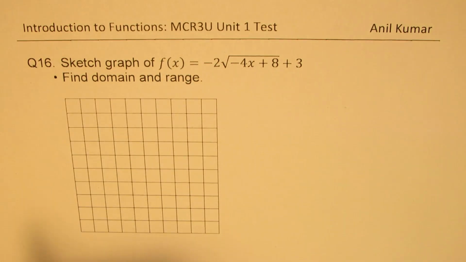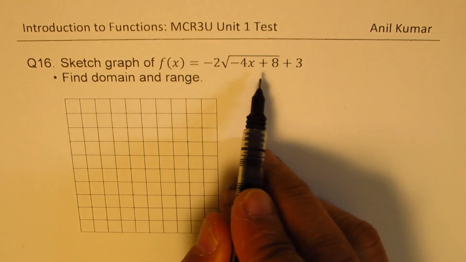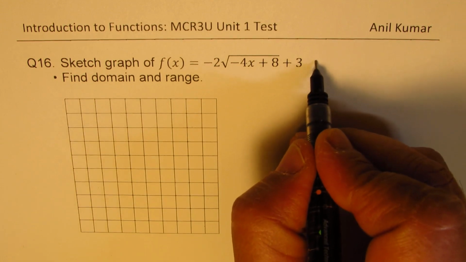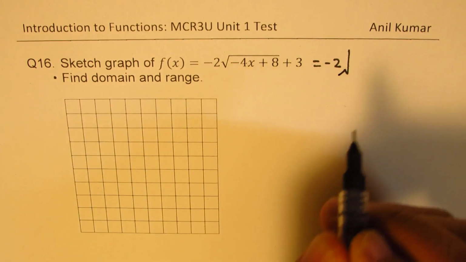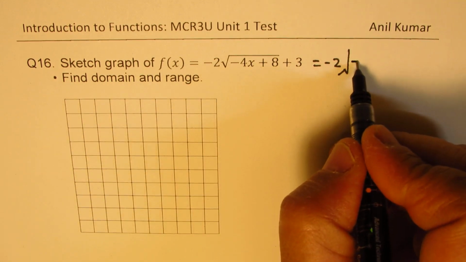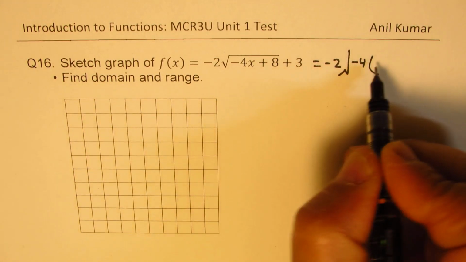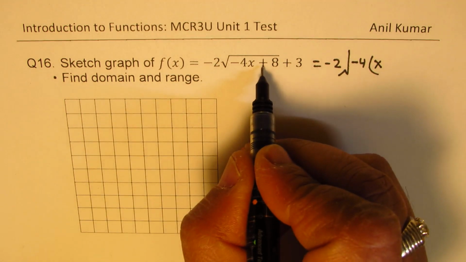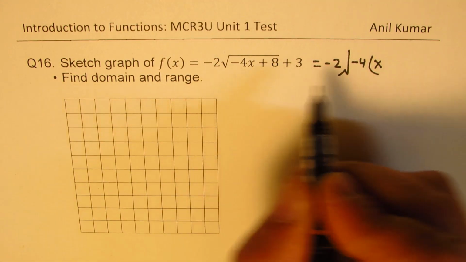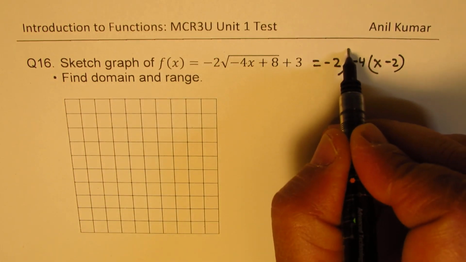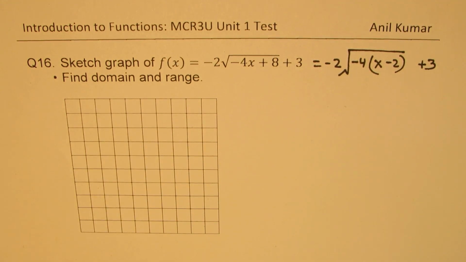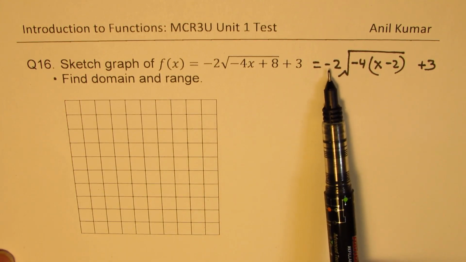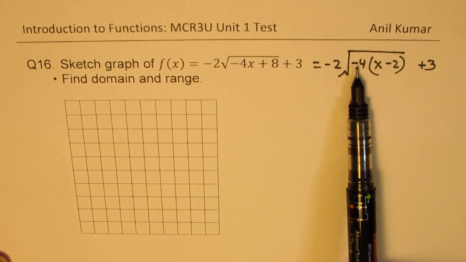So there are two parts to this. Whenever you're given a function in this form, first thing is to rewrite this. So we'll write minus 2 square root of minus 4, that has to be factored, right? So you get x, and you divide 8 by minus 4, so you get minus 2, plus 3, correct? So that becomes your base. As you can see, your function is actually reflected on both x and y axis, correct?